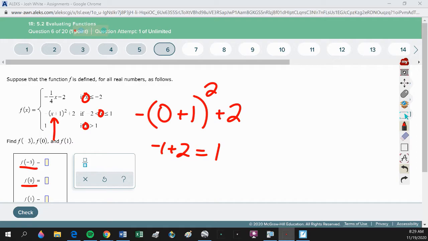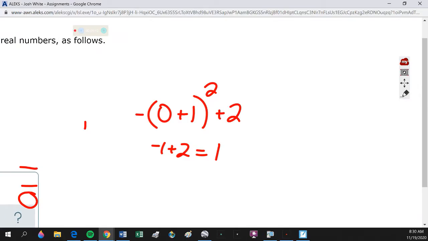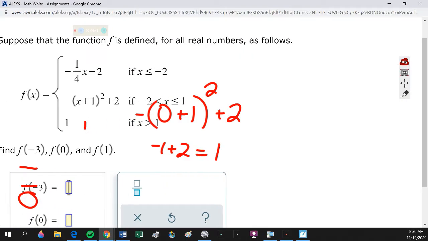Okay? And then where do I plug in 1? Does 1 fit here? No. 1 is not bigger than 1. Let me zoom in a little bit. Okay.